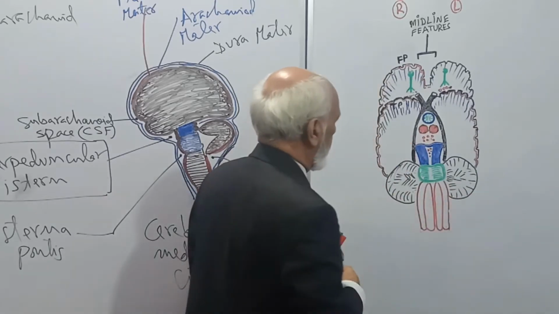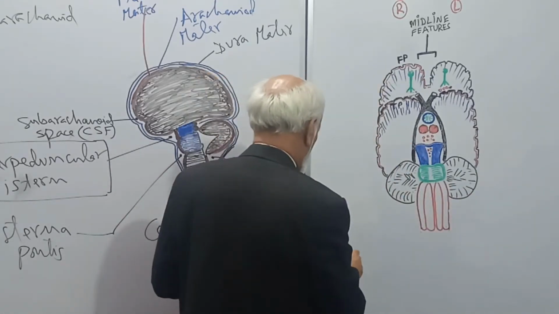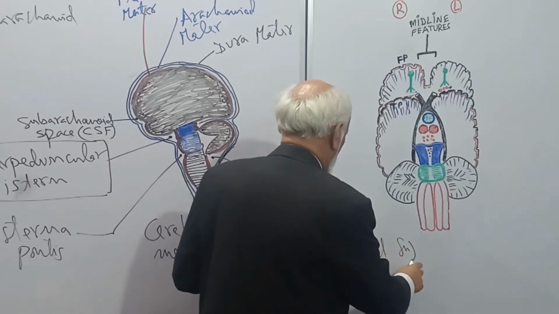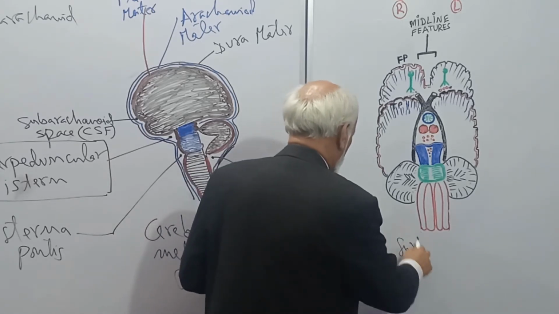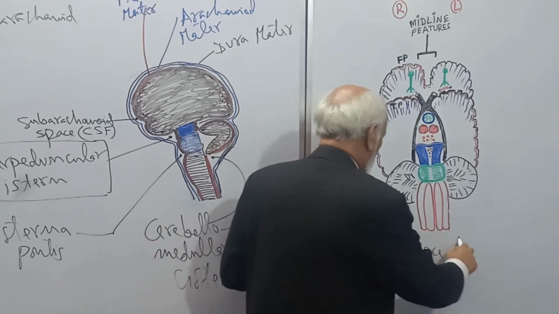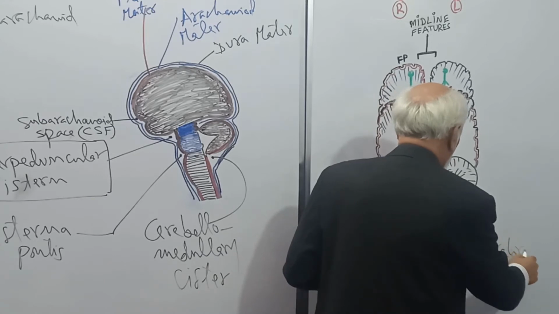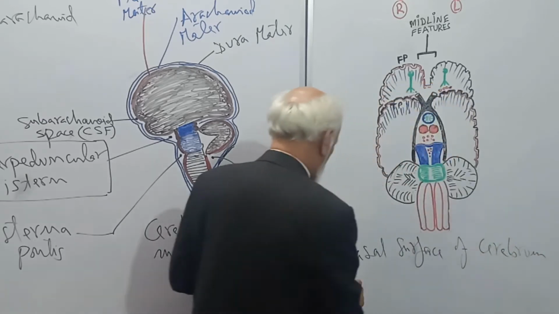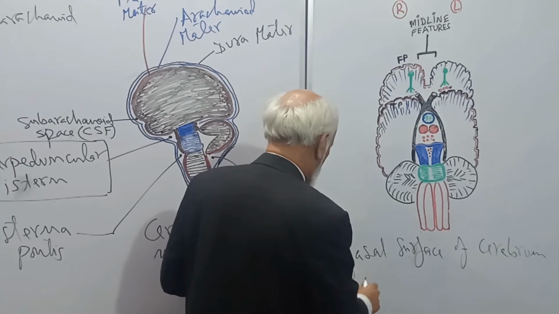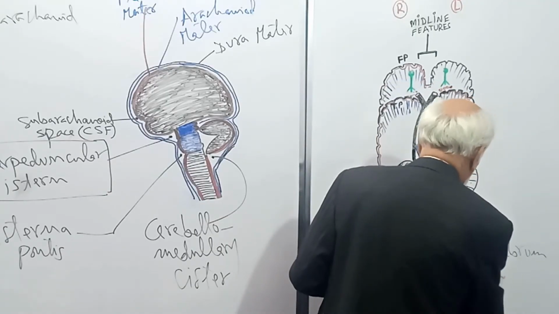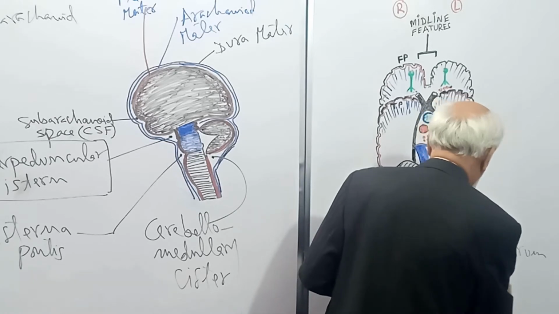Now this diagram shows the basal surface of cerebrum and anterior aspect of brainstem.